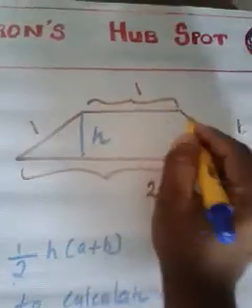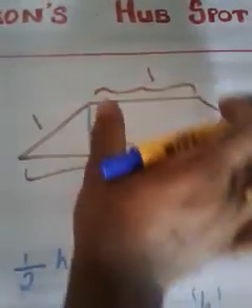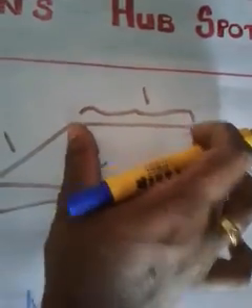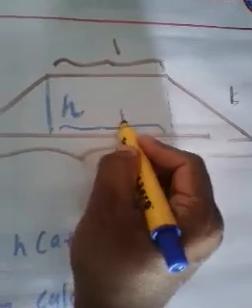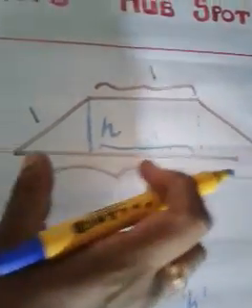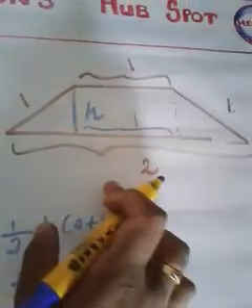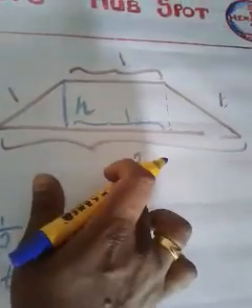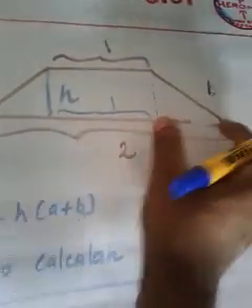If this is 1, just draw a line like this. If this portion is 1, this portion is also going to be 1. And this plus this, we have to get the total distance, that is given as 2. Out of 2, this much is 1. And this plus this portion will be 2.